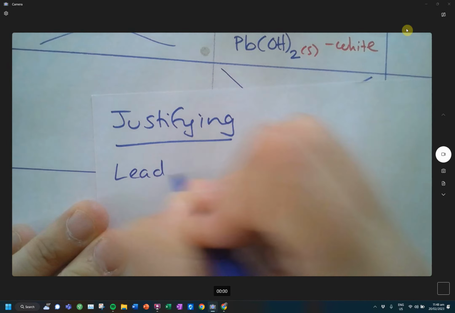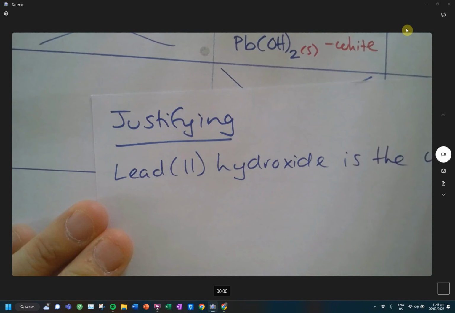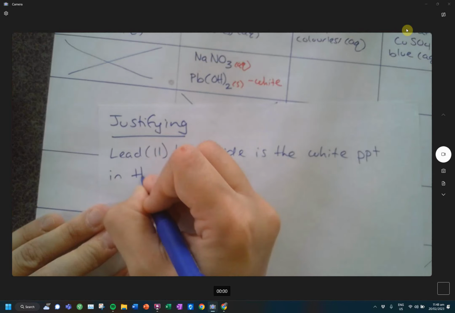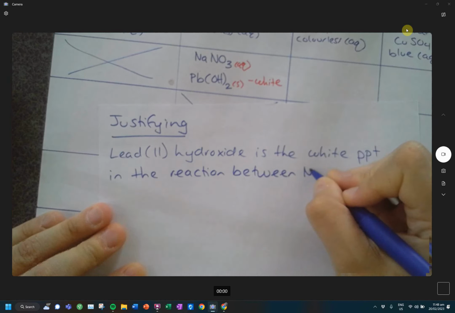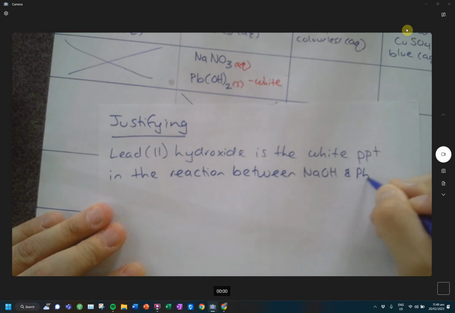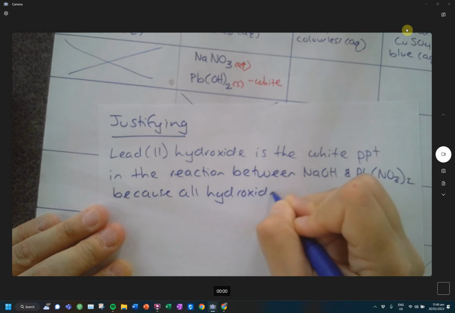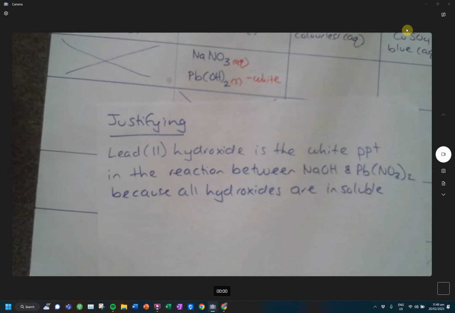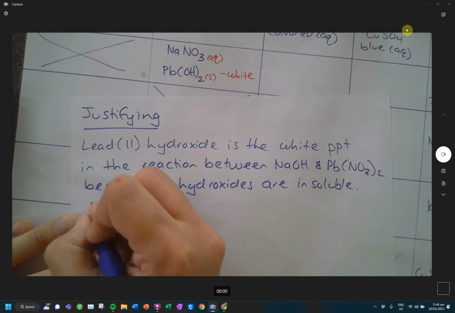So lead 2 hydroxide is the white, and I'm happy if you guys want to abbreviate precipitate as PPT, in the reaction between NaOH, and now I'm being lazy, because all hydroxides are insoluble with the exception of group 1.